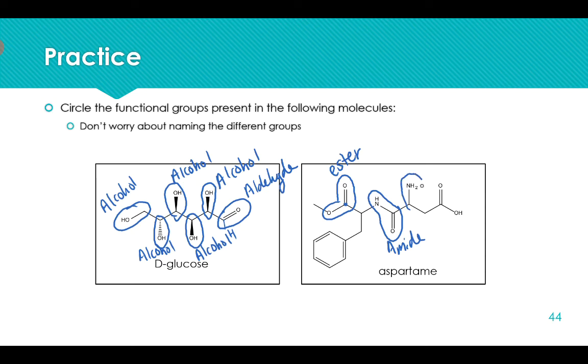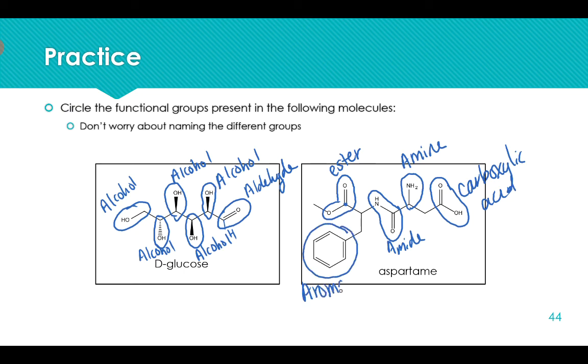This carbon here is an amine. This is a carboxylic acid. And this is an aromatic ring, also known as a phenyl group.